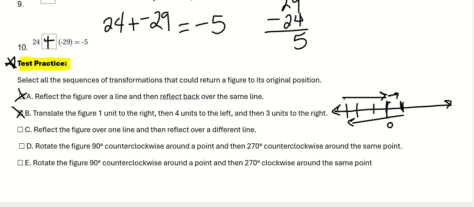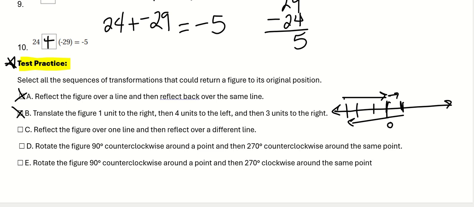That will not end up in the same place. Or if I reflect left to right over one line, say I'm 2 away, and then go over a different line, I'm at a different distance than when I started. So this will not work because now it's a different distance from when I started.